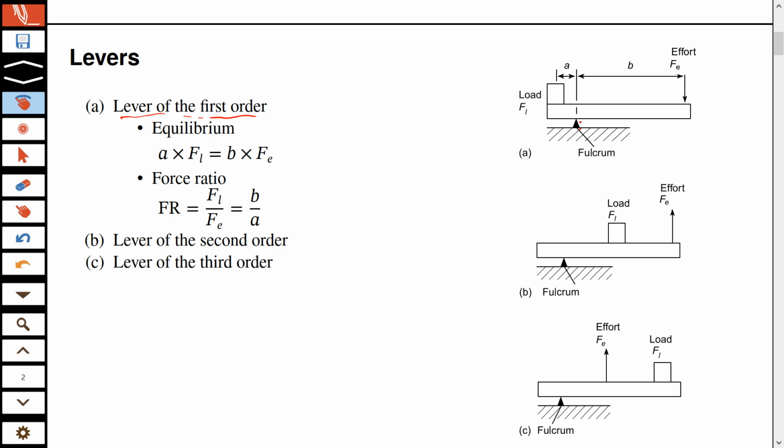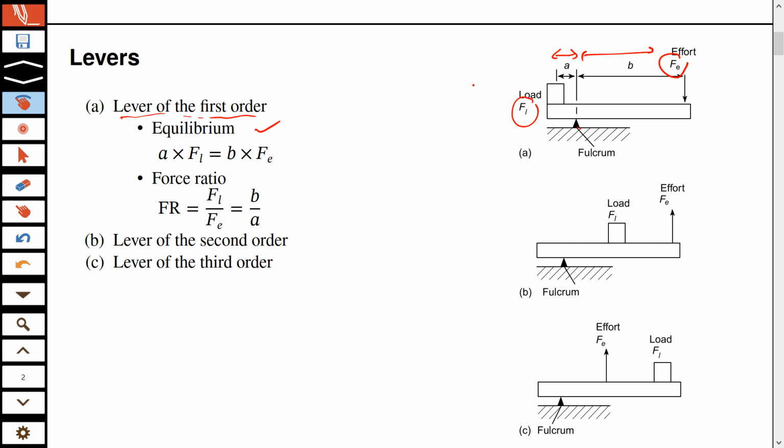So the fulcrum is somewhere. I mean, you can't say it's in the middle, but it's between the load and the effort. Okay, so the load is on the one side and effort is on the other side. And if Fe is the effort, Fl is the load, and let's say these are the moment arm lengths A and B, you can easily apply equilibrium.